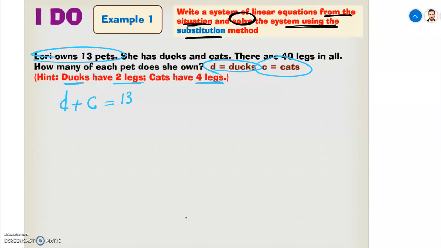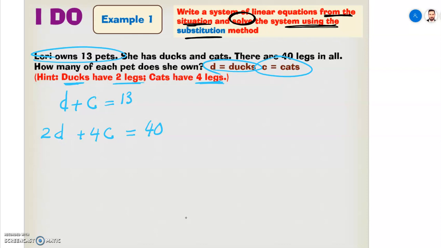So ducks and cats have 40 legs. But let me explain to you. In a duck, how many legs are there? 2. And the cat, how many legs are there? 4. Okay. Now I have translated the word problem in a correct way.